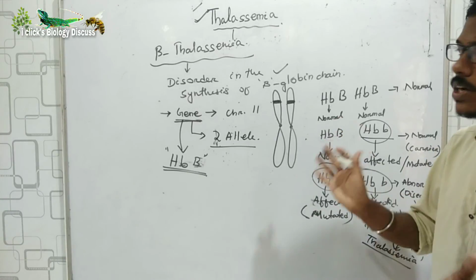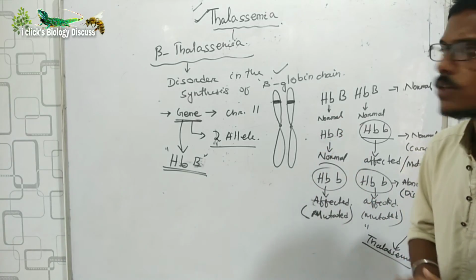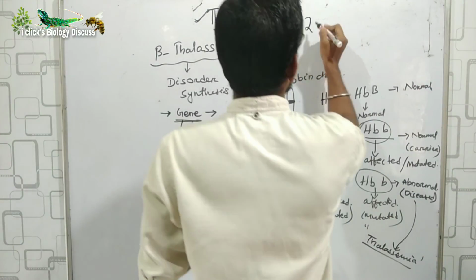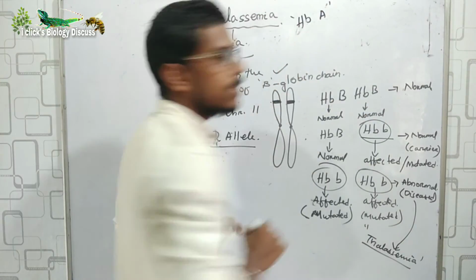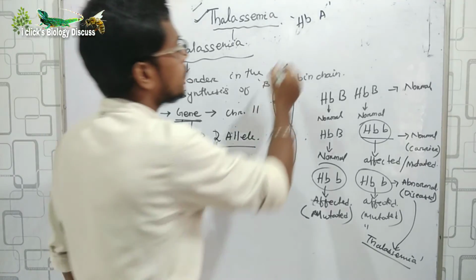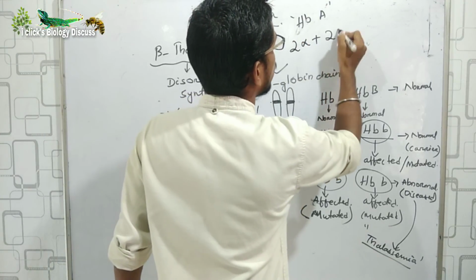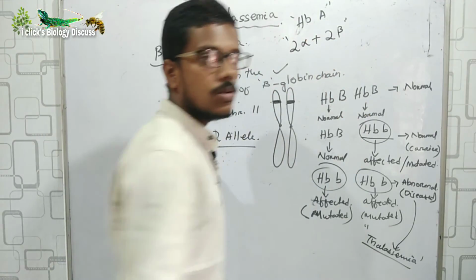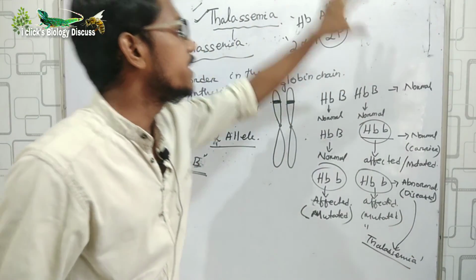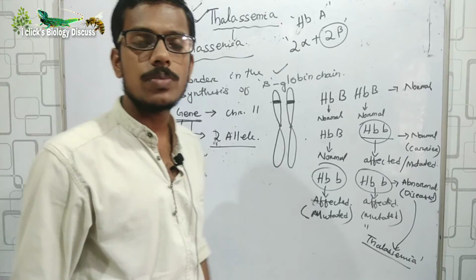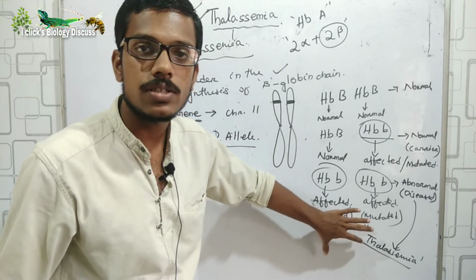If there is no beta globin chain synthesis, then what will happen? As you know, in case of HbA type of hemoglobin, there is presence of 2 alpha and 2 beta globin chains. But there is absence or decrease in the synthesis of beta globin chain in this condition.